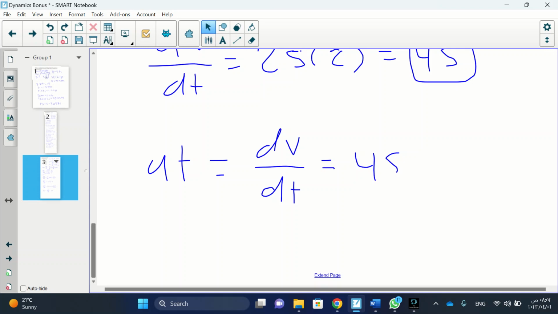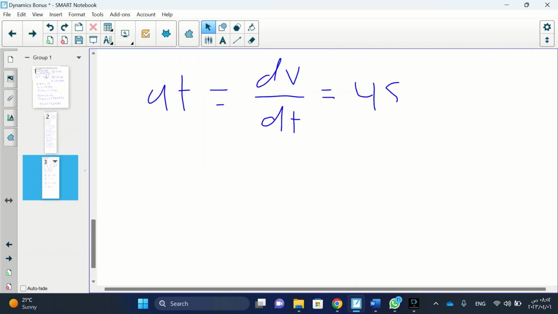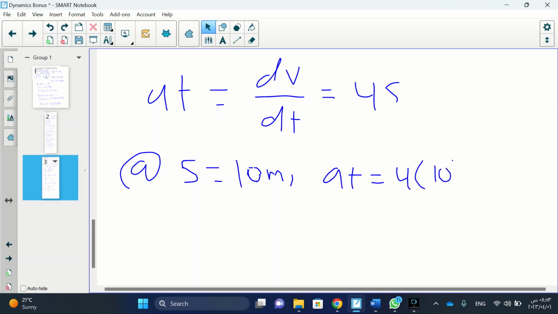And the question says at s is equal to 10 meters. So at s equal 10, at is equal to 4 times 10, which is 40 meters per second square.